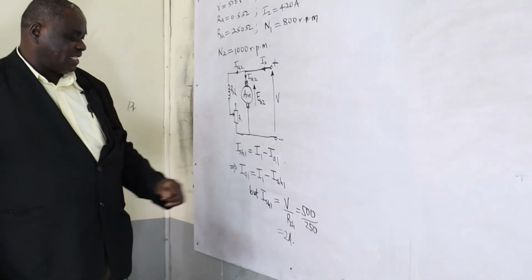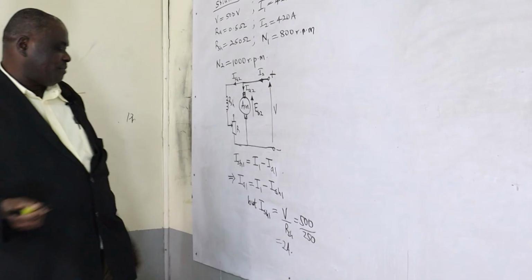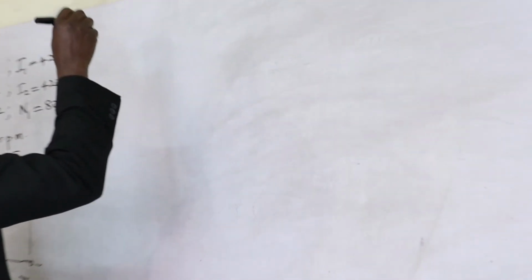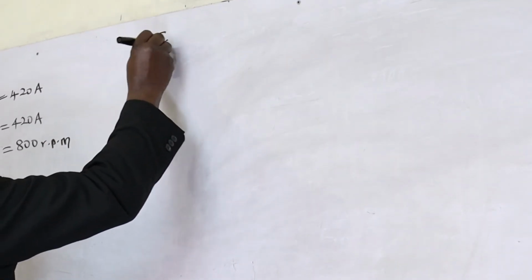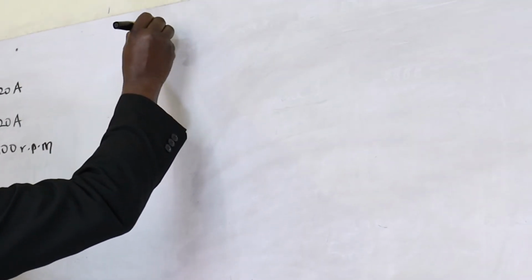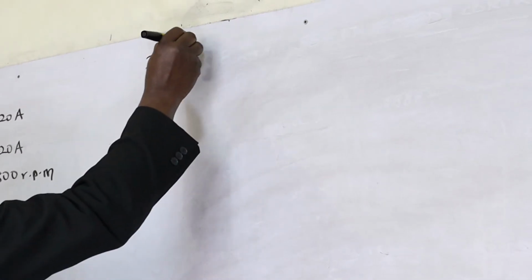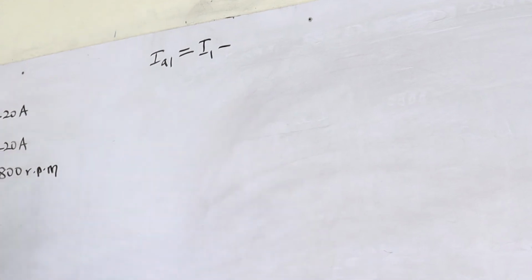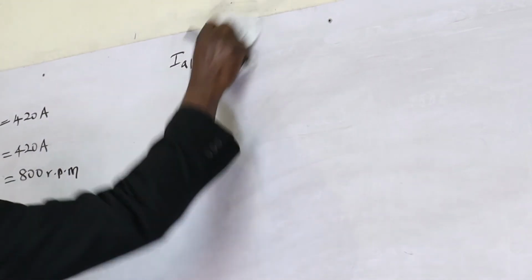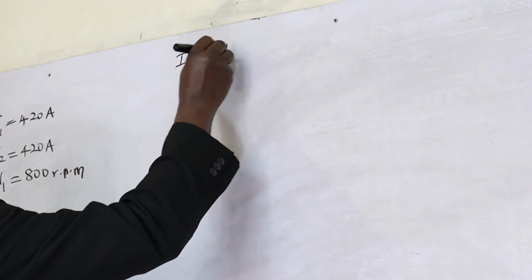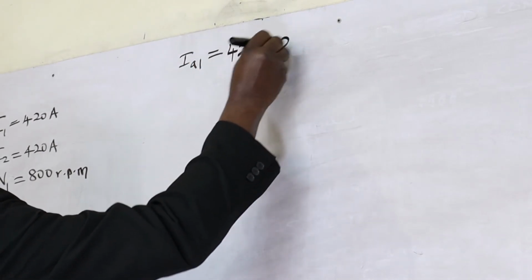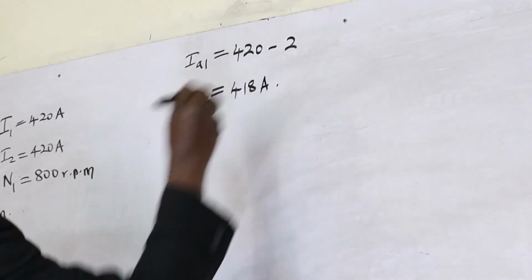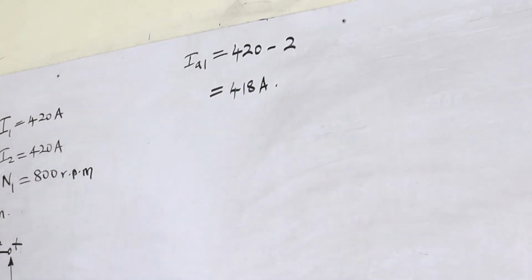Now from this, I shunt 1 is 2 amps, so we can get our IA1. IA1 will be I1 minus I shunt 1, which will be 420 minus 2, equal to 418 amps.